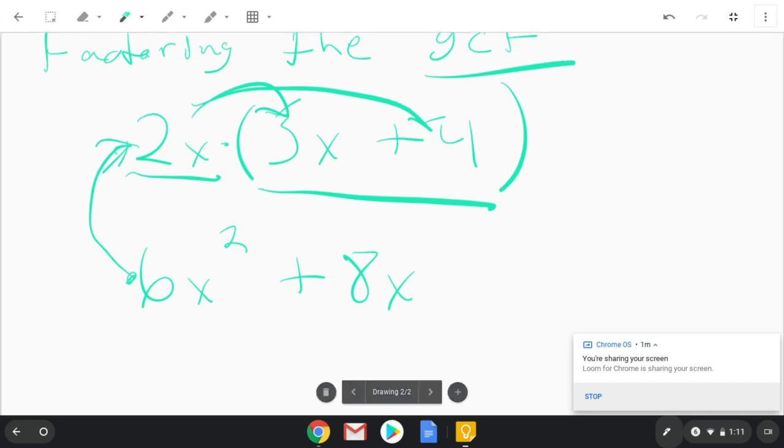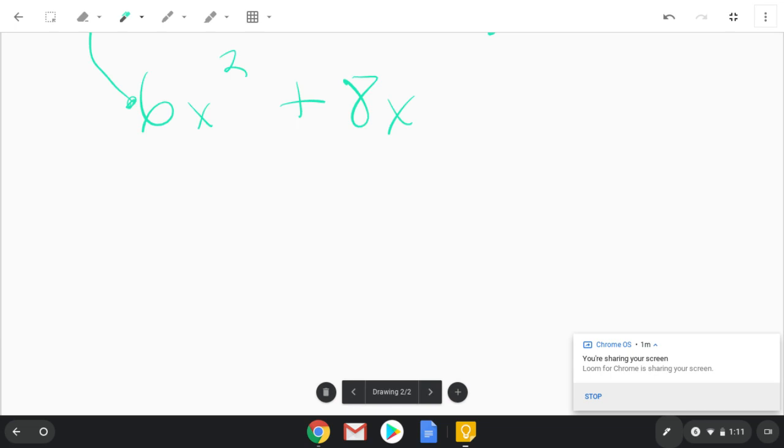Okay, so let's go ahead and do this one as an example. Let's switch to orange there. You want to think numbers and variables. What is the greatest number that will go into both terms? In this case, it's just 2.